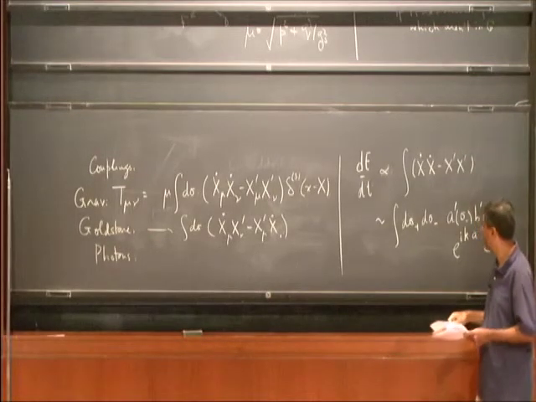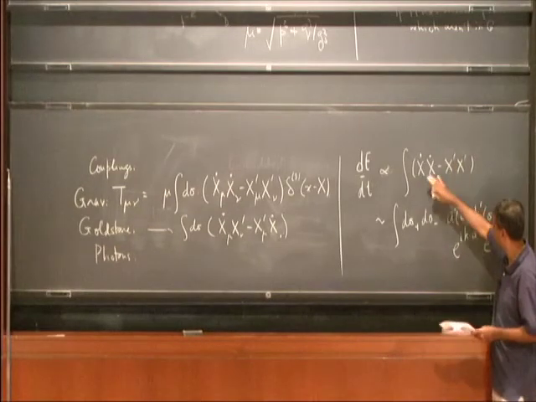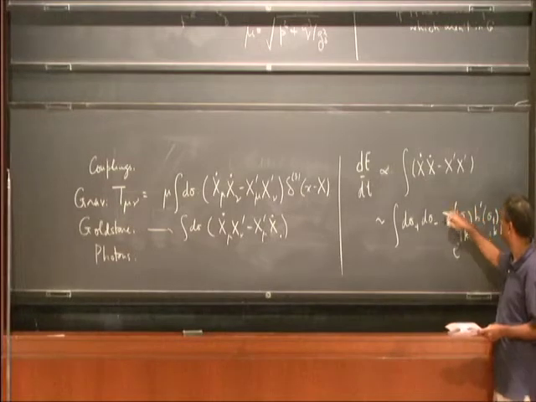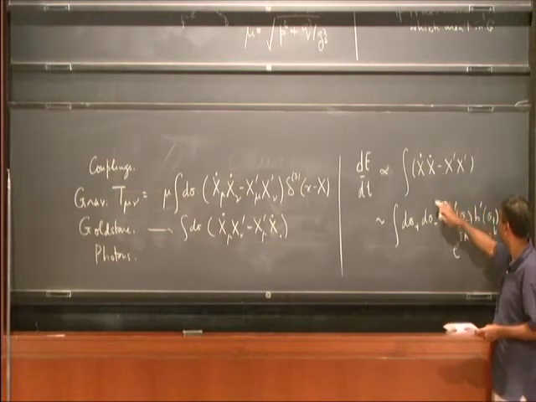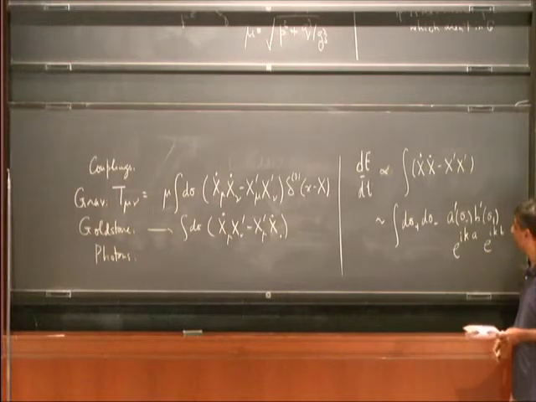So when you work in the Fourier domain, you would be Fourier transforming this expression, and you would get an a prime from x dot, a b prime from this x dot, and of course exponentials.